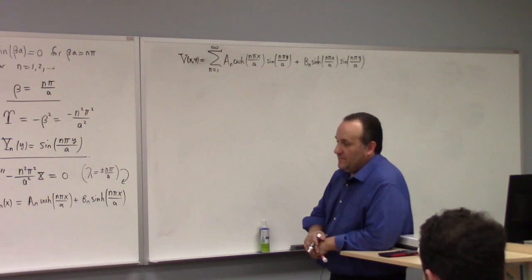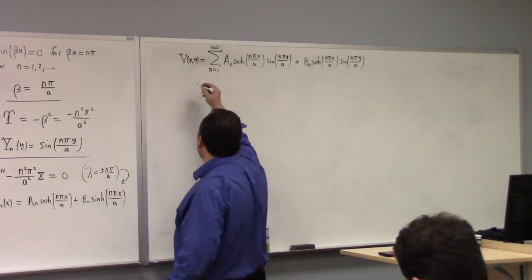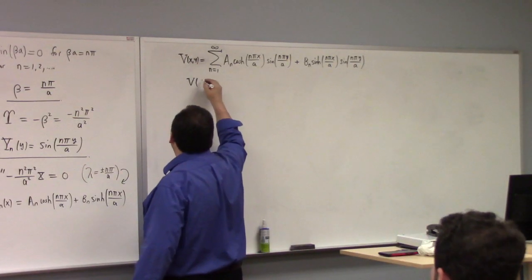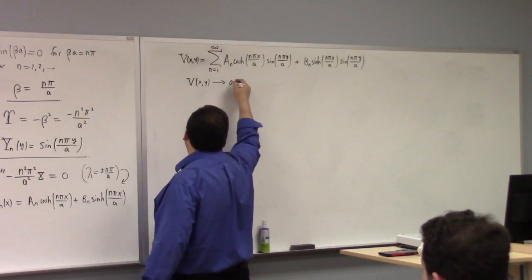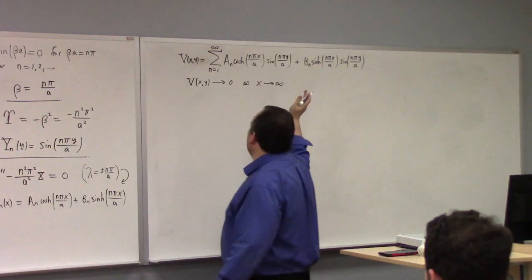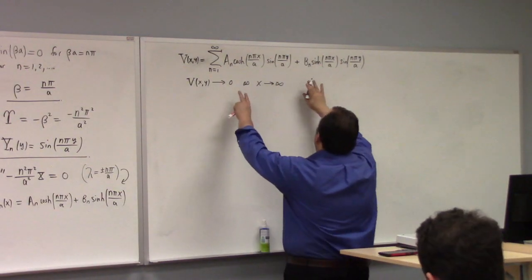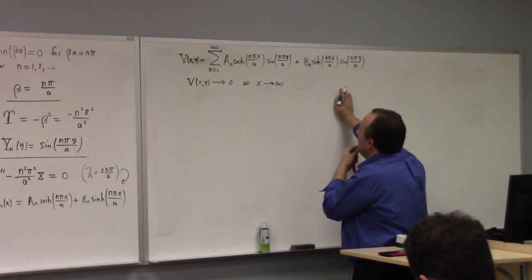Now, I think we could make good use of that infinite boundary condition, which was what? What did we say? V of x comma y goes to 0 as x goes to infinity, was it? Whoa.